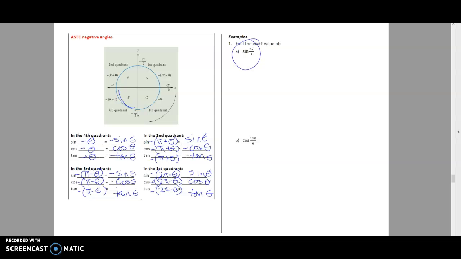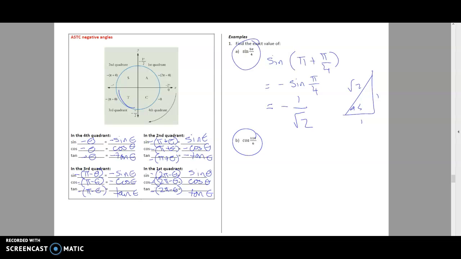And 5 pi on 4, if you think about exact values, is essentially the same thing as sine of pi plus pi on 4, which is third quadrant, so that means it's negative sine theta, which is pi on 4. Pi on 4 is a nice exact value triangle scenario, 45, 1, 1, root 2, so it's going to be 1 on root 2, so it'll be negative 1 on root 2.